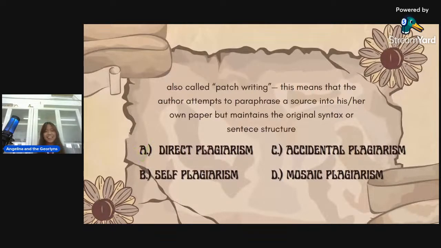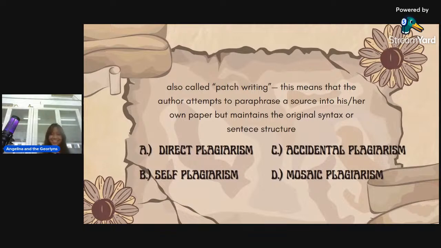Okay. Next, I think last one. Called patch writing. This means that the author attempts to paraphrase a source into his or her own paper but maintains the original syntax or sentence structure. A, direct. B, self. C, accidental. D, mosaic plagiarism. The one I compared earlier.